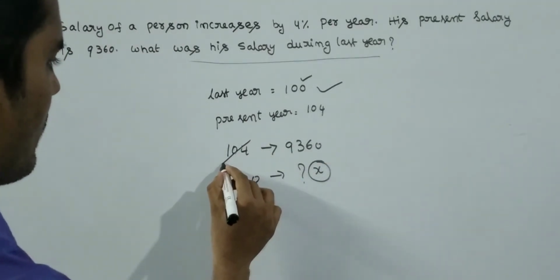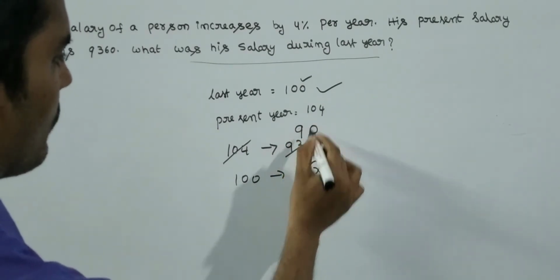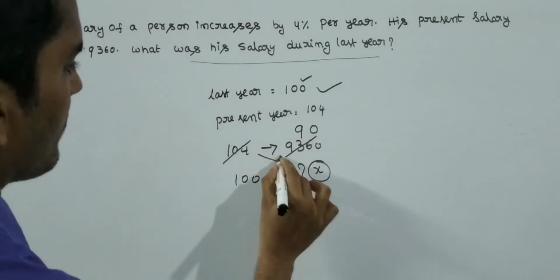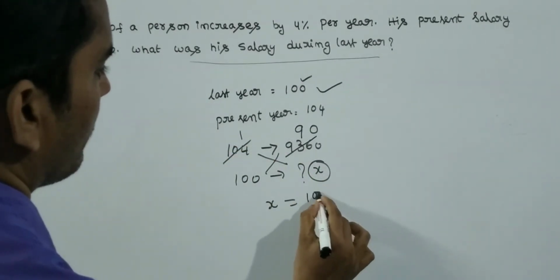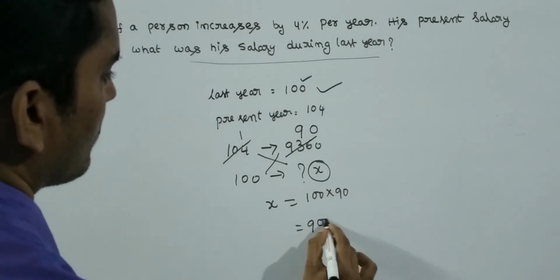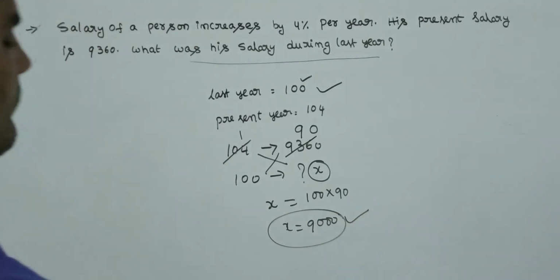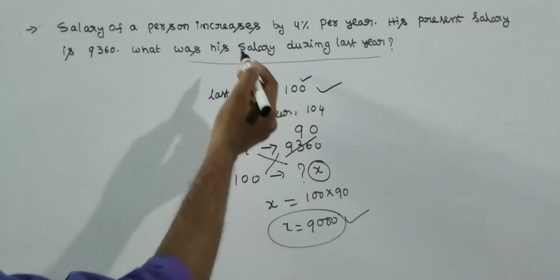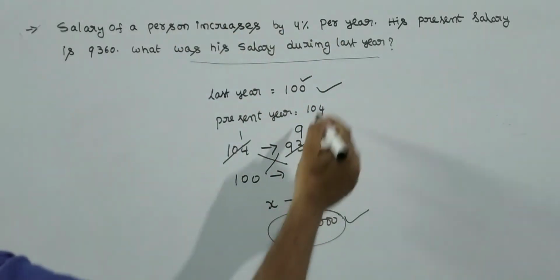See friends, 104 nines are 936, 0, then go for cross multiplication. x equals 100 into 90, so 9000. 9000 is the salary of that person during the last year.